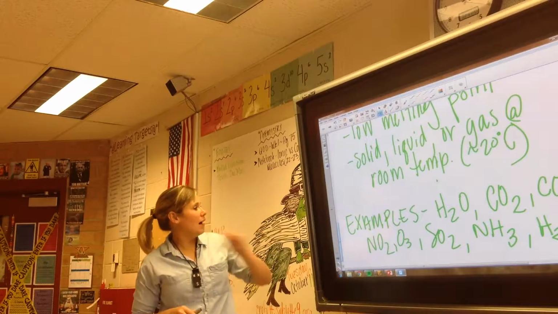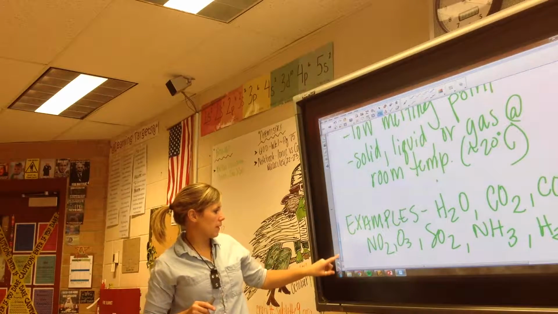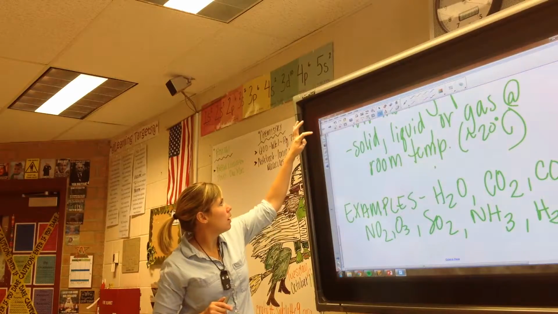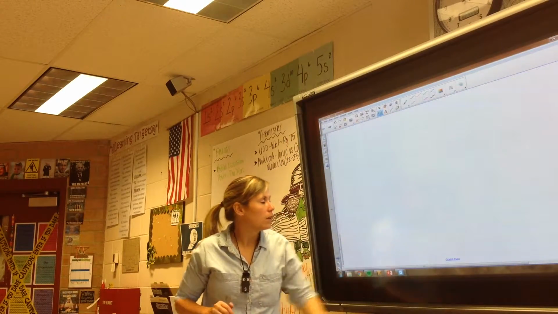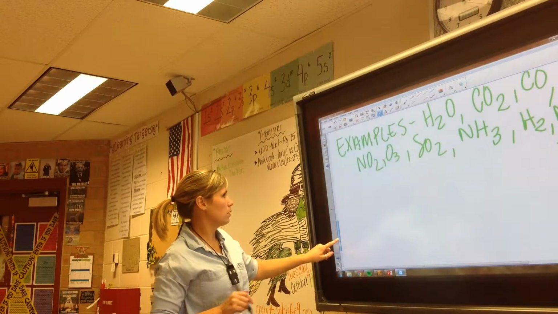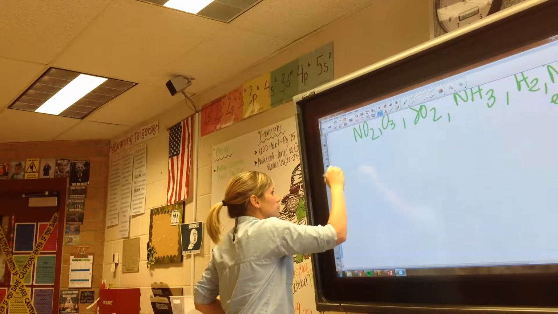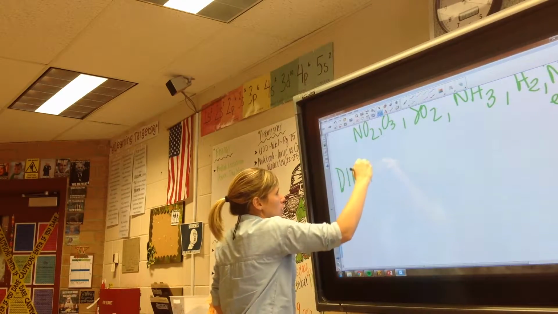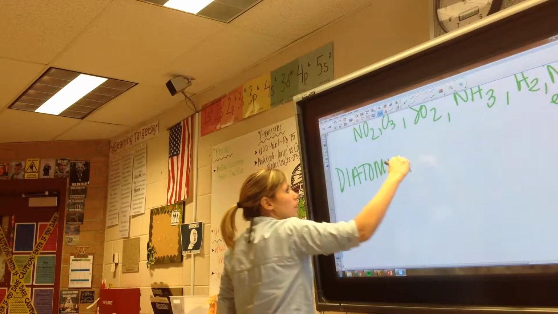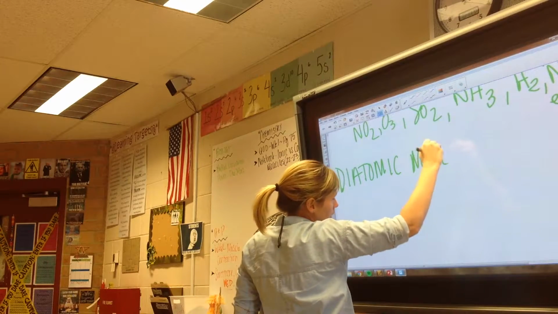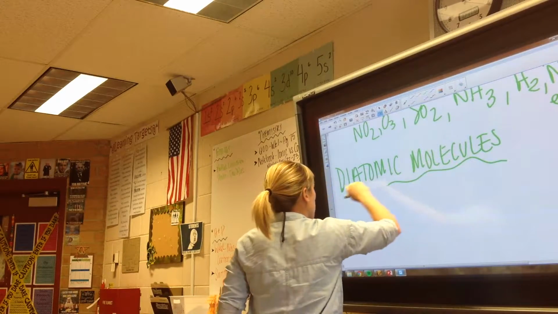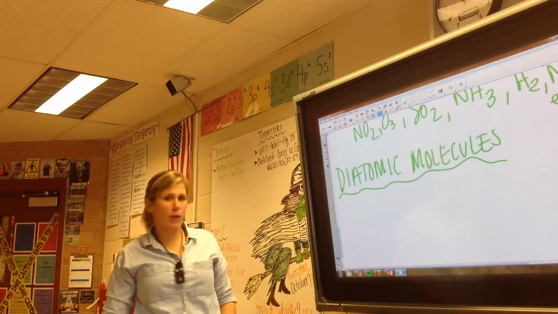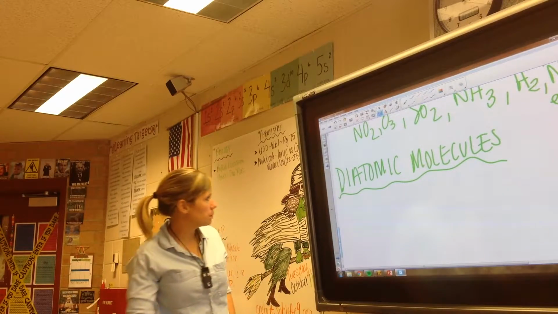Okay. The last little thing we're adding on this page is what we call diatomic molecules. So these are something that I expect you guys to know, but I give you some tools to help you out.